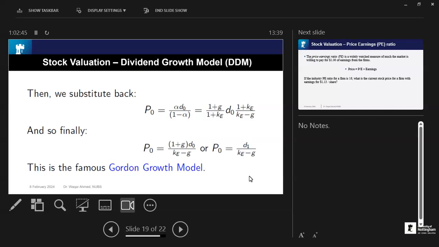What is the price of a stock? It's the dividend next year divided by the required rate of return on the stock minus the expected growth rate. And what is g here? The expected growth in dividends. In this formula, we assume that dividends will continue to grow at a constant rate.